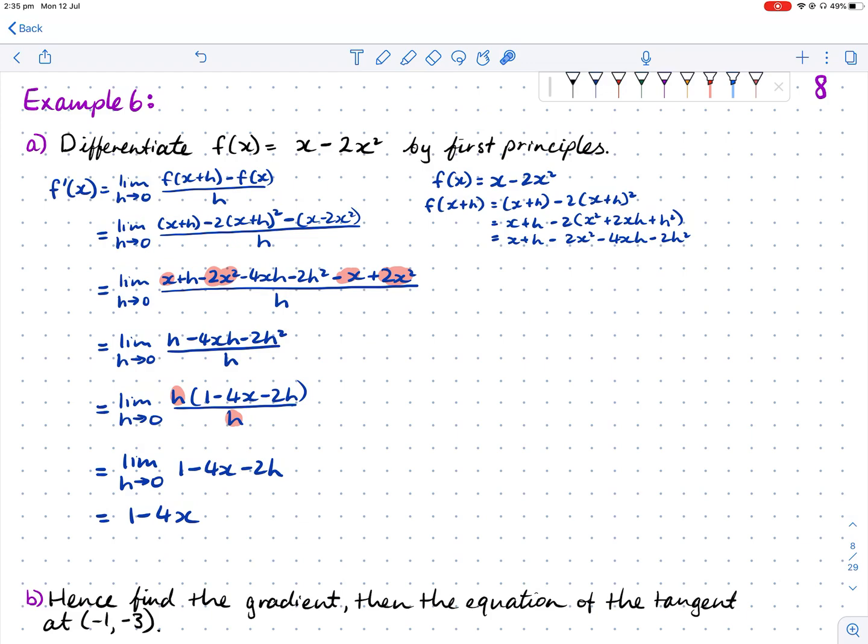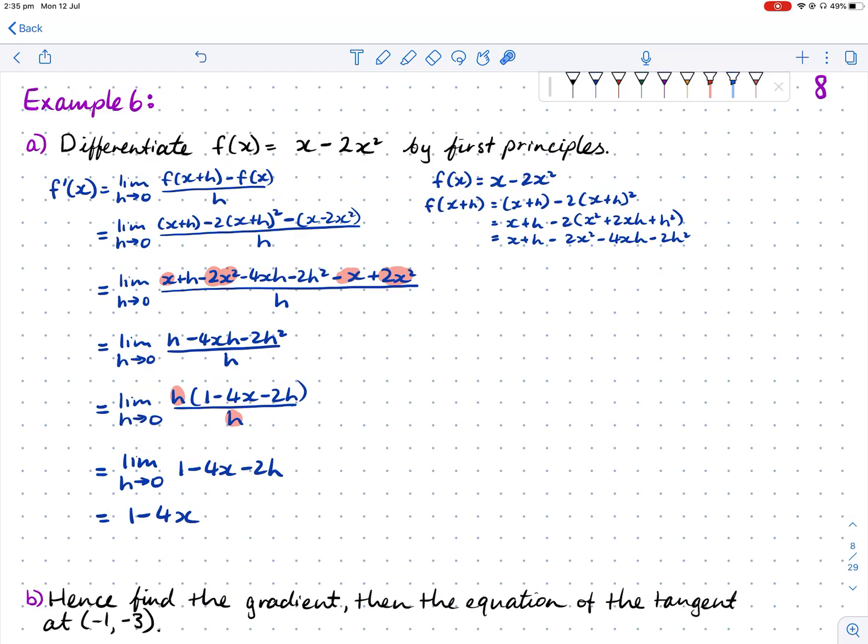Ultimately, when you end up with all your cancellations, your numerator should end up with all h's so that you can cancel those out. There are other instances, other derivatives where it may not cancel, but it needs to be written in a way such that you can make a substitution of h equals 0. In these ones, they do need to cancel.